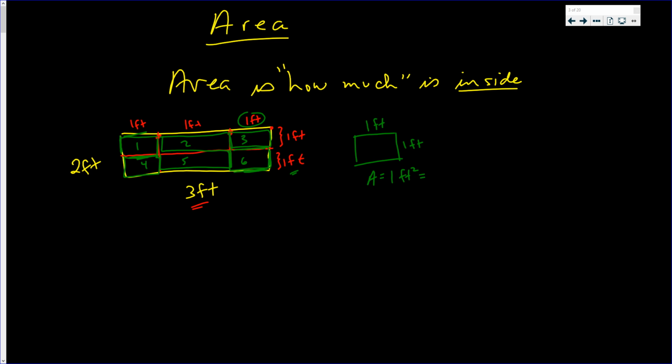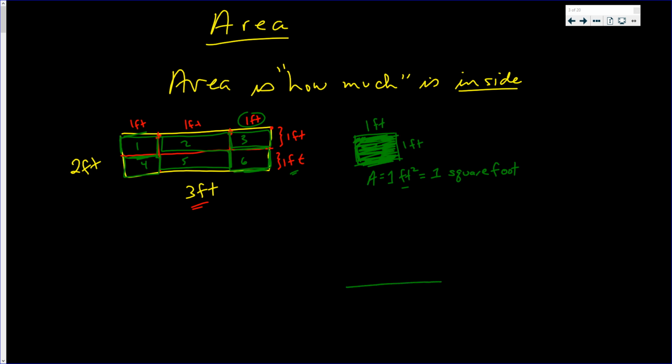We can write it as 1 square foot, or 1 foot square. This is the definition of 1 square foot, is how much is inside here. That is the definition of 1 square foot.